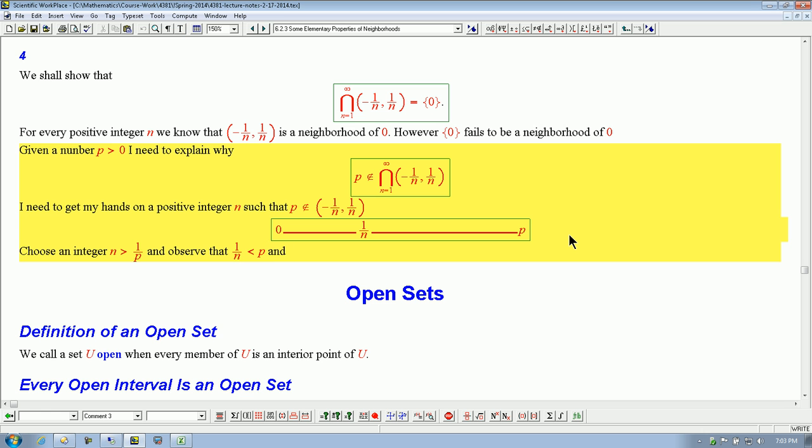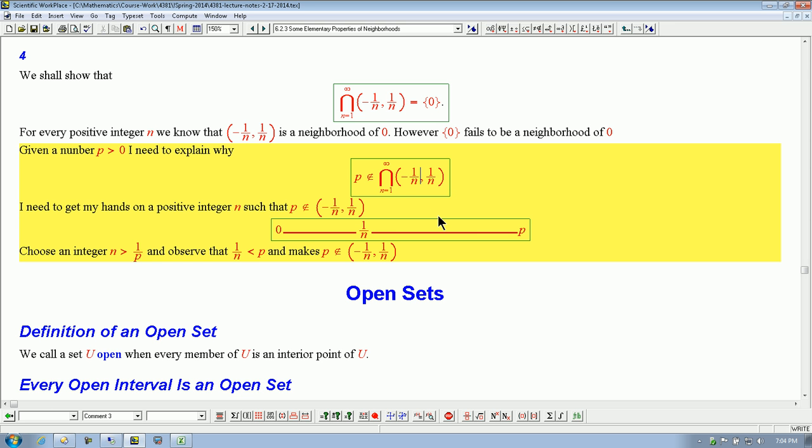And this makes p not belong to that interval. So given any positive number, you are guaranteed some values of n, actually lots of values of n, for which p is not there, so p can't be in the intersection, because there are some of these intervals to which p fails to belong, so it's not in the intersection.